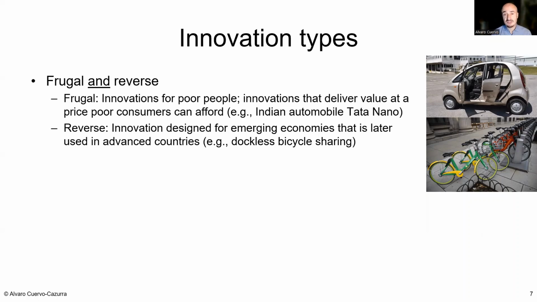A traditional example, if you want, the Tata Nano, which was an automobile developed by the Tata Group in India. And this was basically touted as, oh, this is the cheapest car in the world. And it was at the time. It was basically designed to be sold at a profit. And this is important.